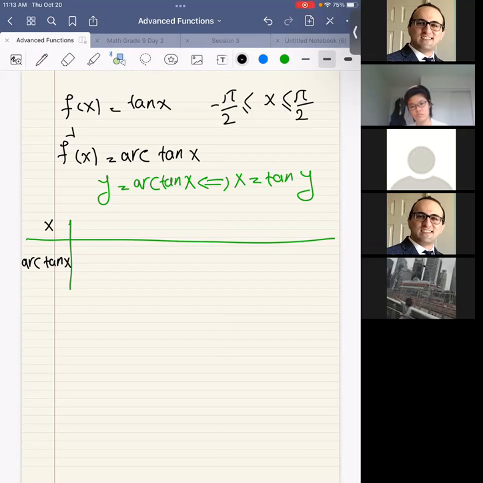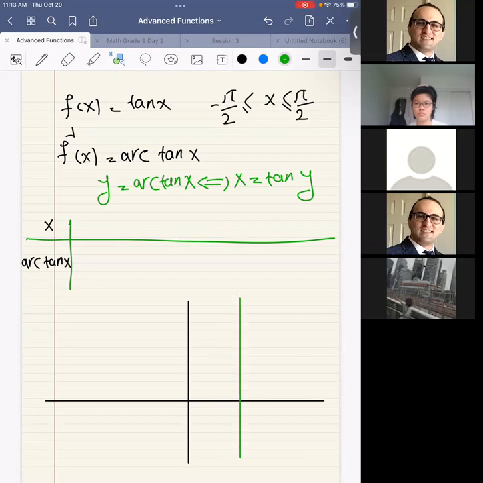It's from minus infinity to infinity. Let us look at just the tangent function, because it has two vertical asymptotes at pi half and negative pi half.